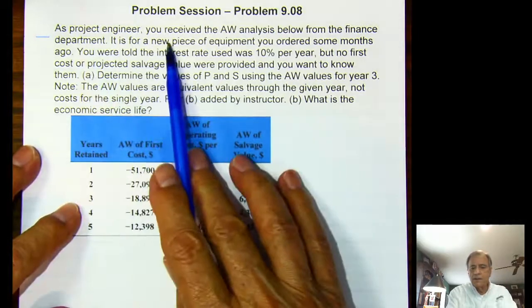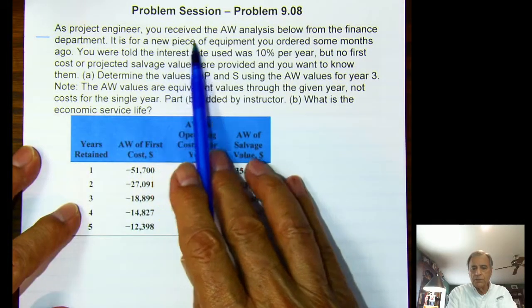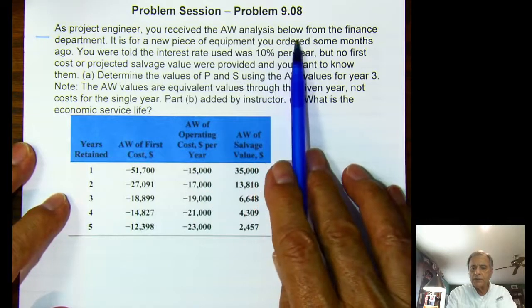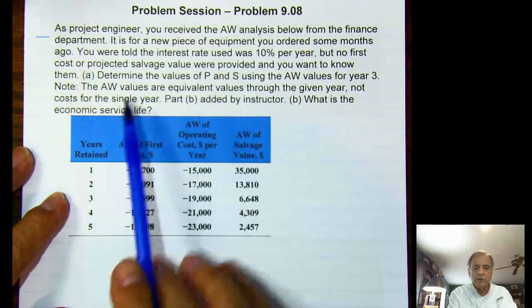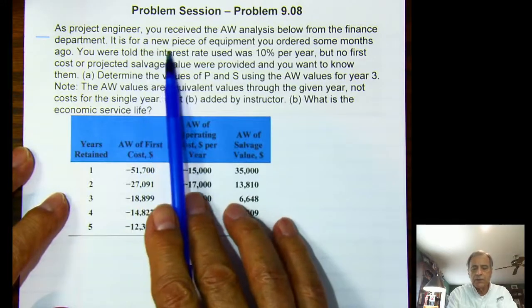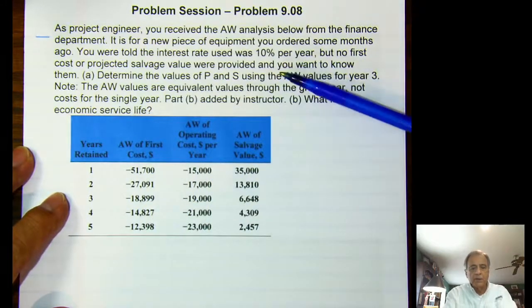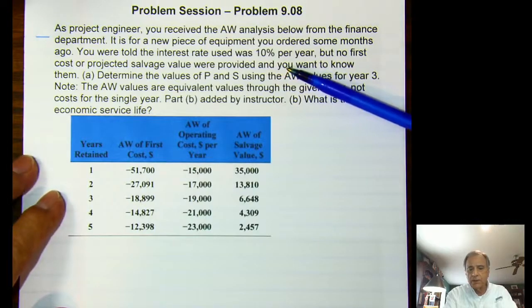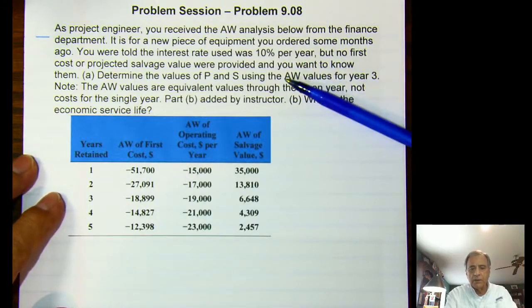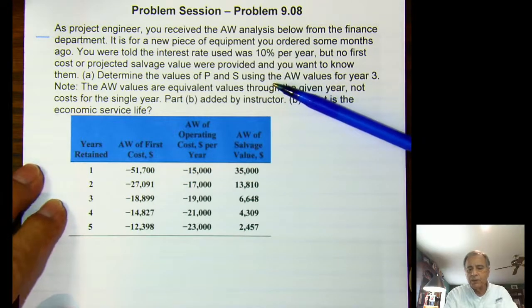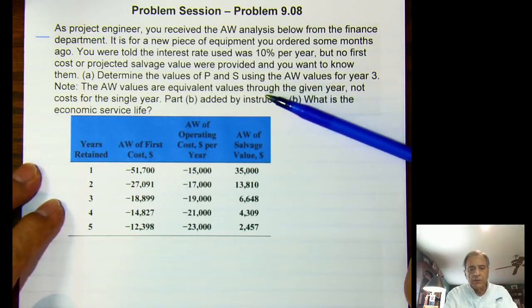A project engineer, you received an annual worth analysis below from the finance department. It is for a new piece of equipment you ordered some months ago. You were told that the interest rate was 10% per year, but no first cost or projected salvage values were provided, and you want to know them.